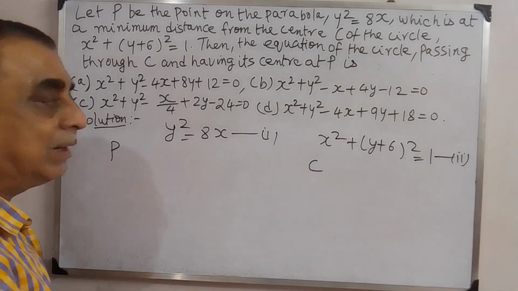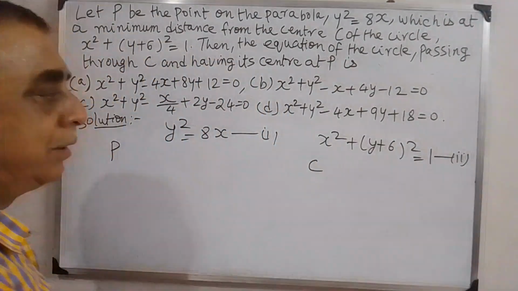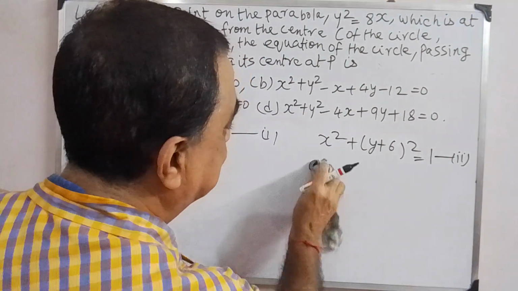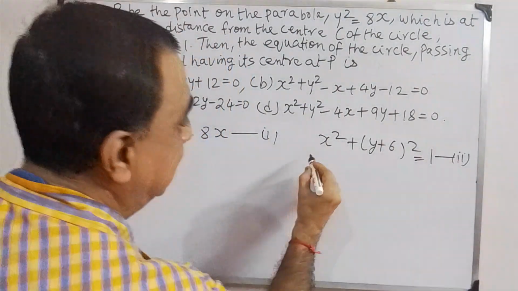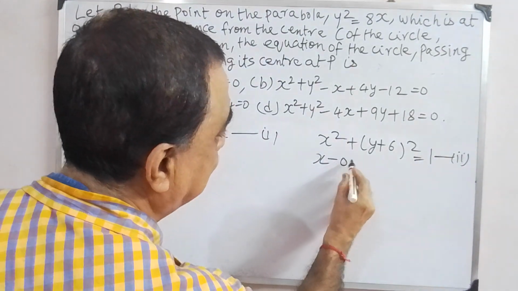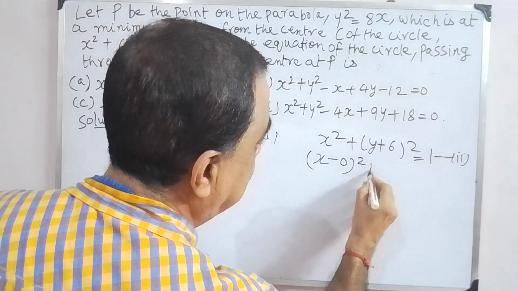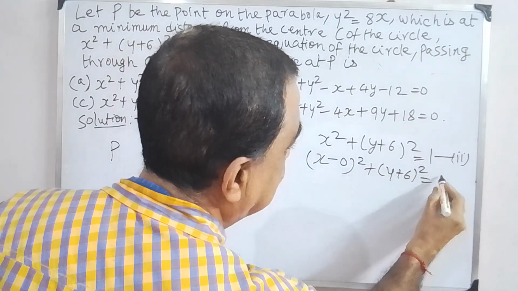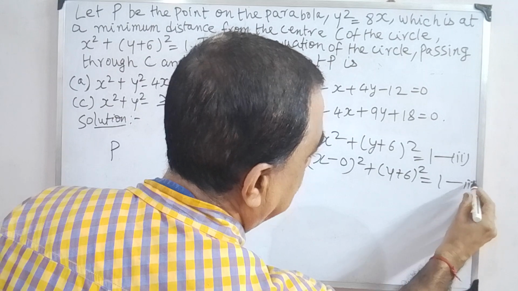Now see, what will be the center of the circle? How do we find the center of the circle? See here, this equation I can write like (x minus 0) whole squared plus (y plus 6) whole squared equals 1.